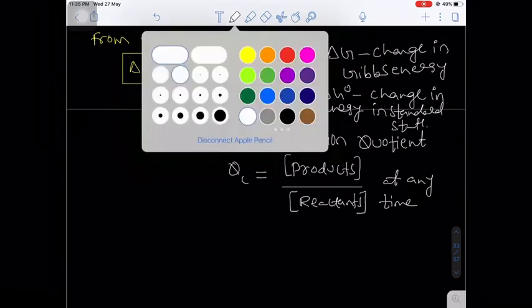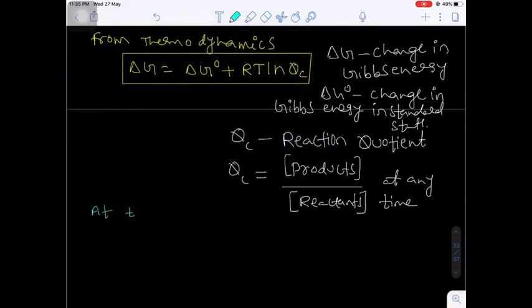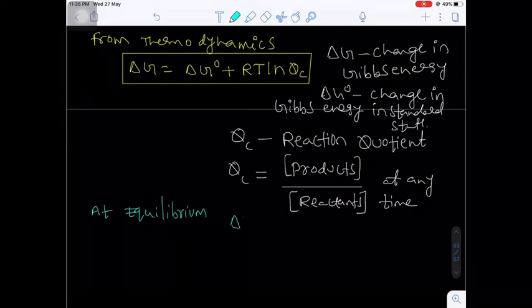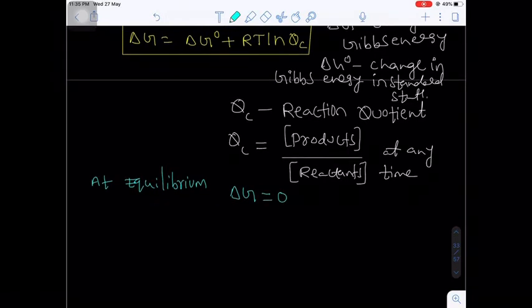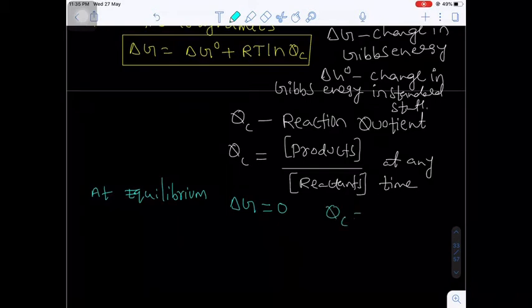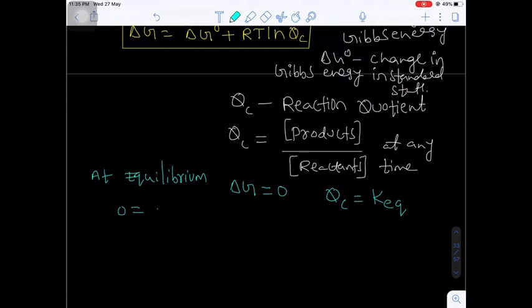Okay. Now in the above expression, let's suppose we are dealing with equilibrium condition. At equilibrium, do you know one of the important characteristics of equilibrium? Change in Gibbs free energy is 0. So we bring delta G to 0, and one more important thing, at equilibrium, just now I told you QC equals the equilibrium constant, that is the Kc, or sometimes Kp also.